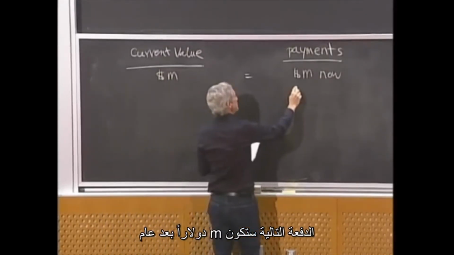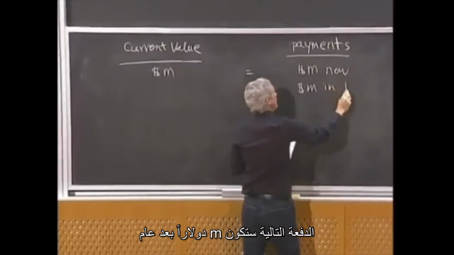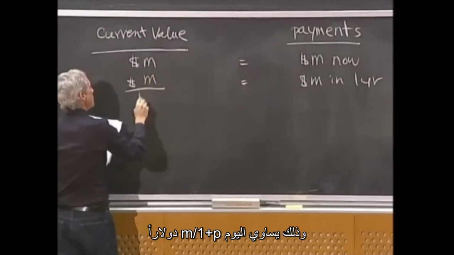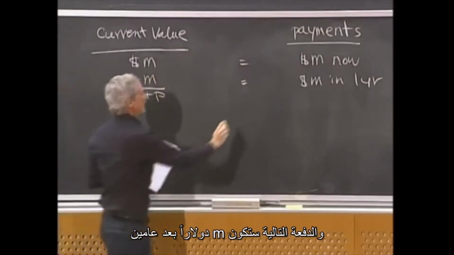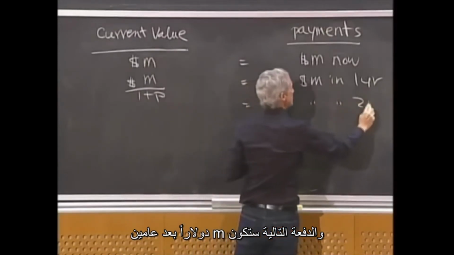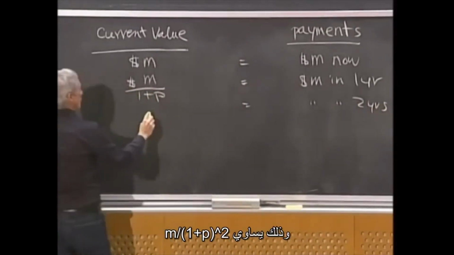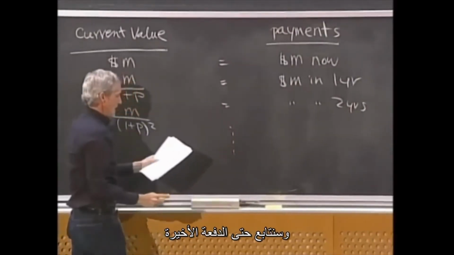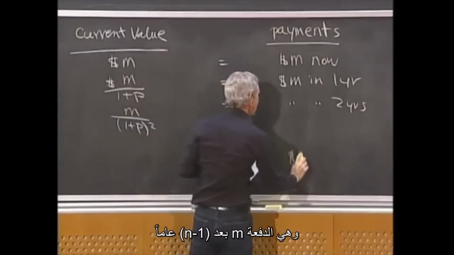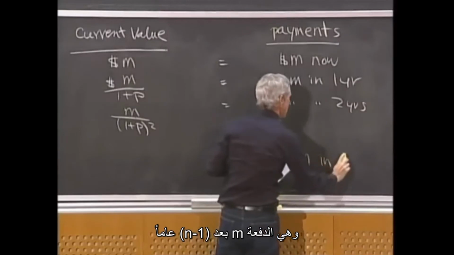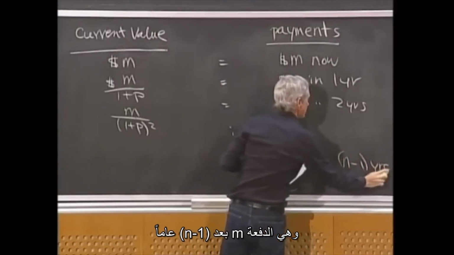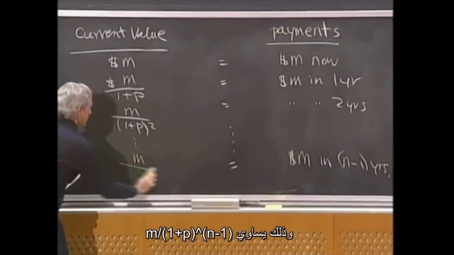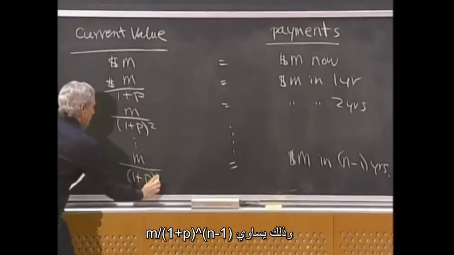The next payment is M dollars in 1 year, and that's going to be worth M over 1 plus P today. The next payment is M dollars in 2 years. That's worth M over 1 plus P squared. And we keep on going until the last payment. It's the nth payment, so it's M dollars in N minus 1 years, and that's going to be worth M over 1 plus P to the N minus 1.